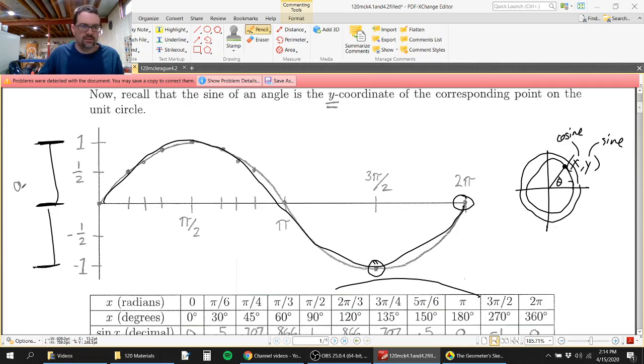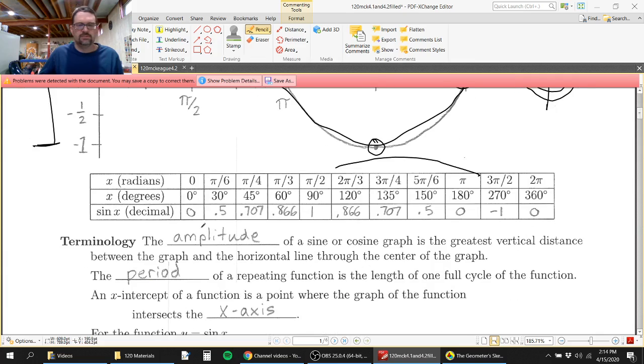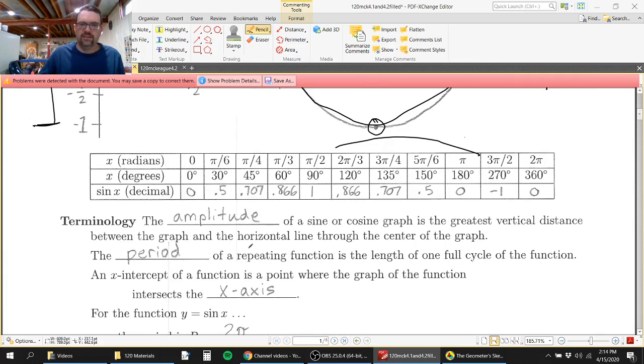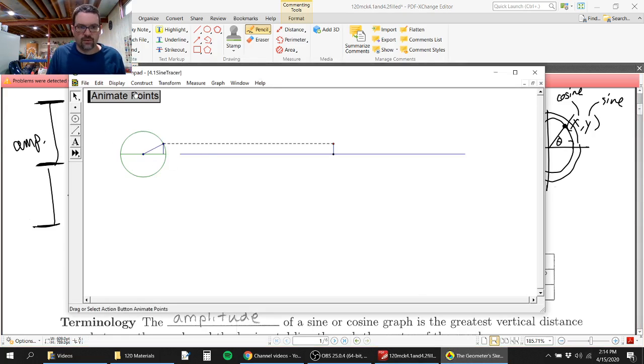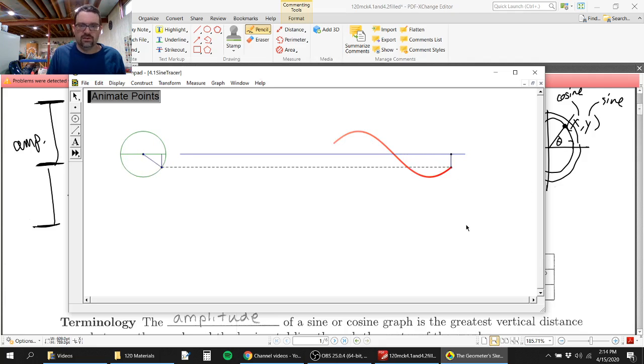That's called the amplitude. The period, now this is, like I said, a repeating function. It goes through this little wave, this little cycle, and then it just repeats over and over and over again. Right? And that's what we are seeing here. It does that wave one time, and then it just keeps going and going and continues that wave forever.